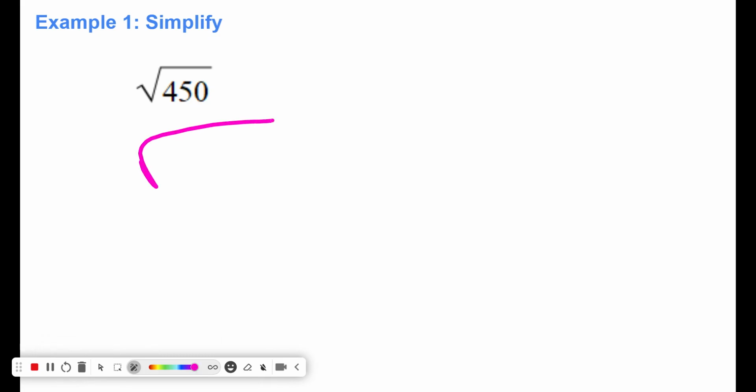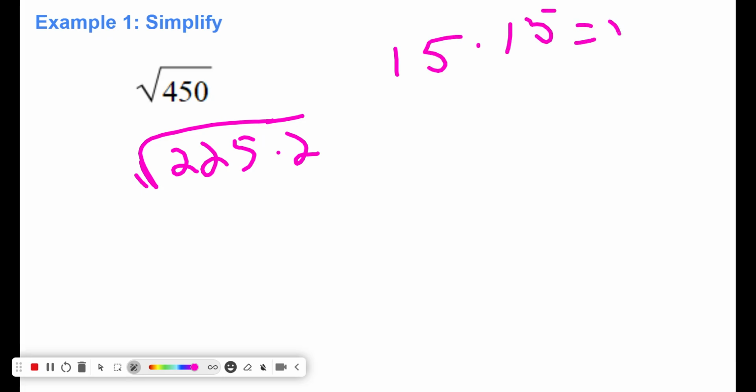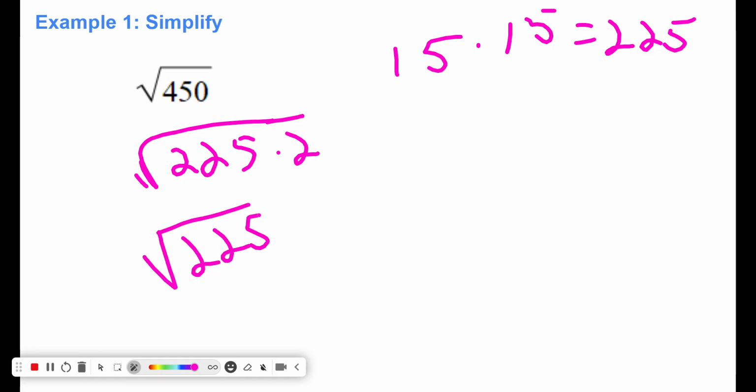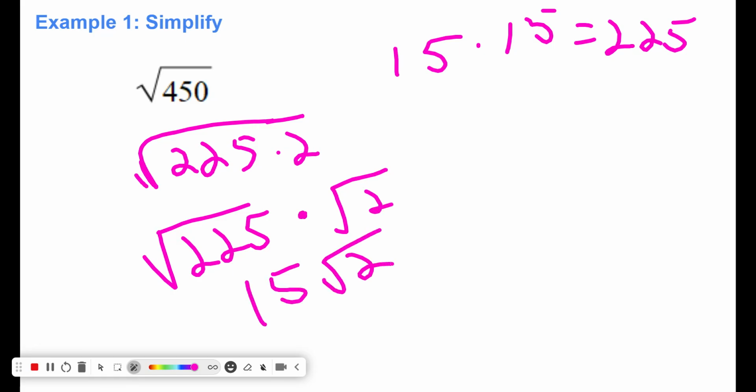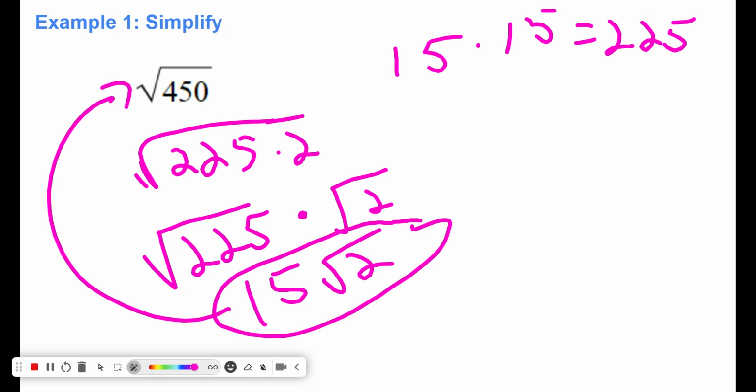So, square root of 225 times 2. And the square root of 225 is 15, because 15 times 15 equals 225. So we're going to need to start to get to know our perfect squares. The answer is 15 root 2. This would be the most simplified version of this right here.